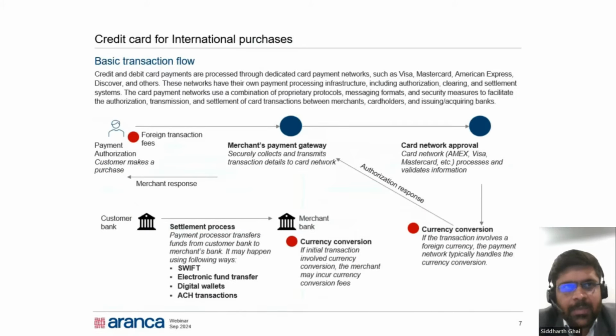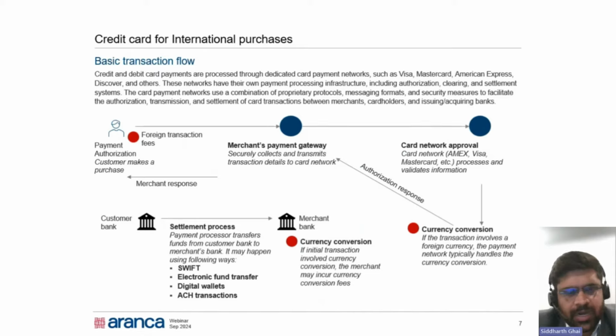So credit card is also a form of transaction wherein you can do overseas purchases. The overseas purchases are currently utilizing the Swift network, but credit card is also a way wherein you can do overseas purchases. So this is a small flow of how the credit card transaction actually flows. Once you are making a transaction on a POS device, the transaction usually flows to the merchant payment gateway.